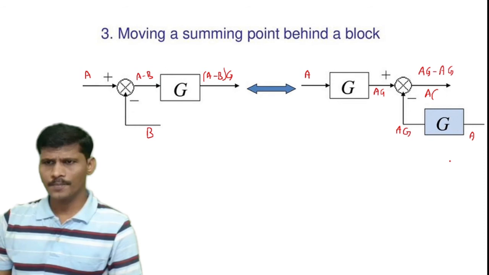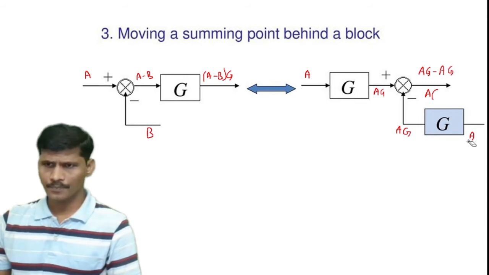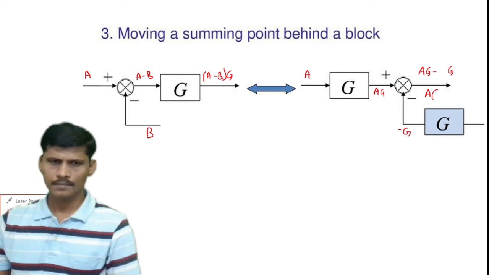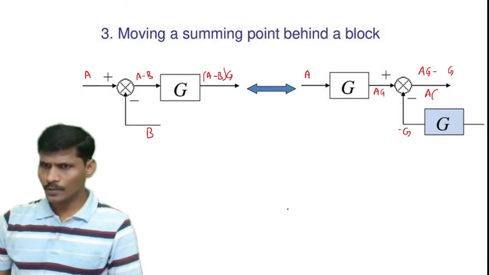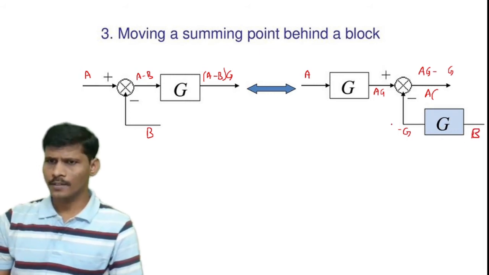sorry, this input is not A, it is B. Now here what is this input? This one is B. This B is passing through this block, and the output of this block is BG, and the output of the summing point is AG minus BG.